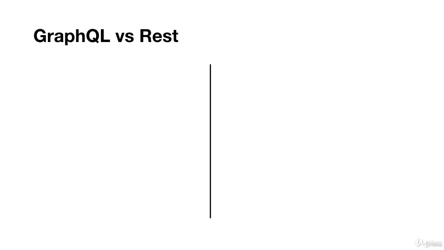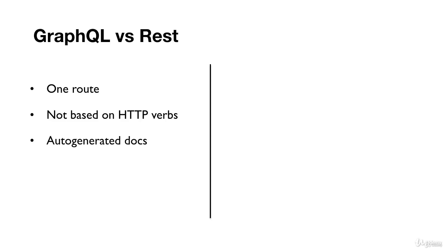So let's talk about GraphQL versus REST. I'll show you some of the differences between GraphQL and REST. There is only one endpoint or one route in GraphQL, and GraphQL is not based on HTTP verbs. You don't need to deal with HTTP like post, get, put, delete, patch.